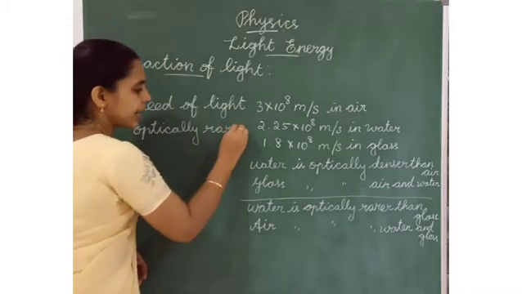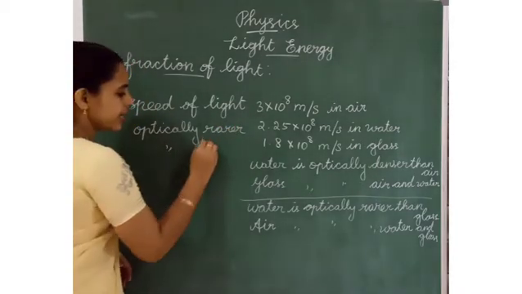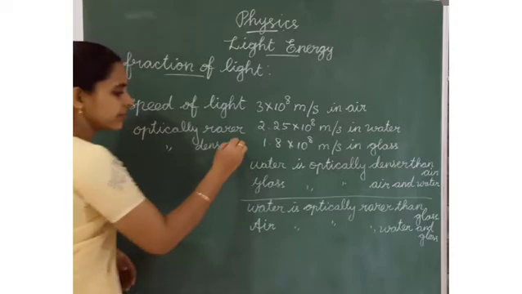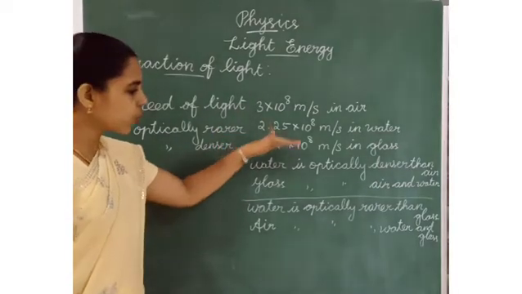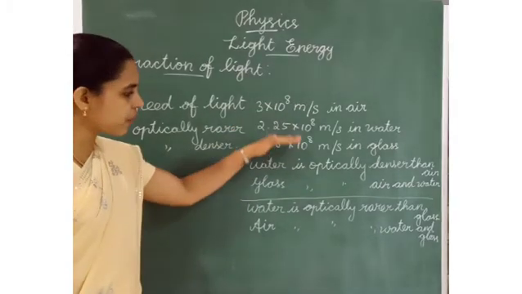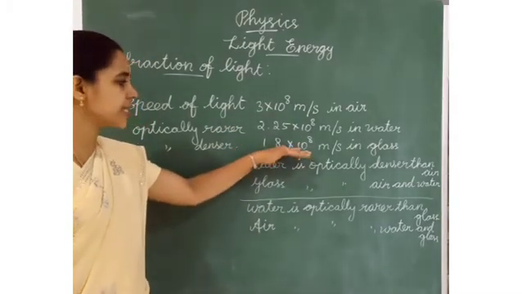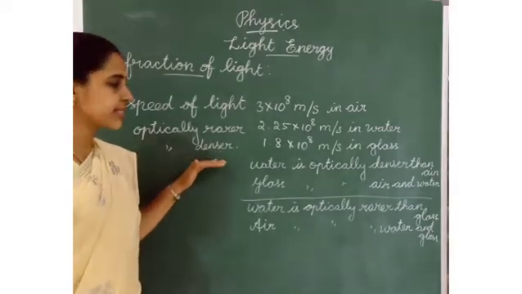In a medium where the speed of light slows down, it is optically denser.